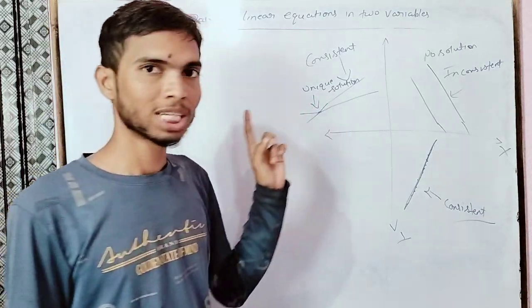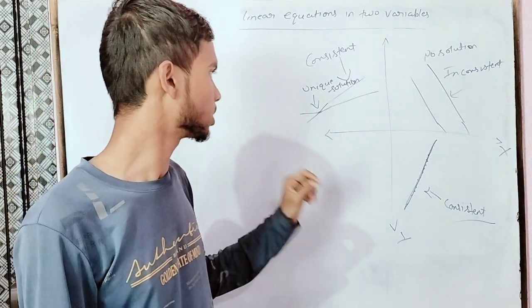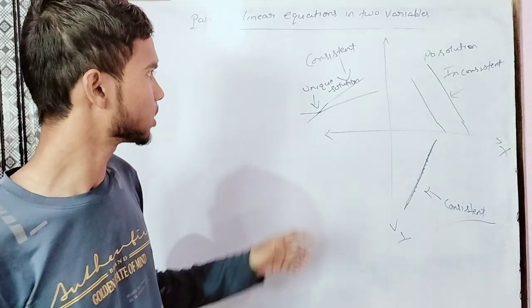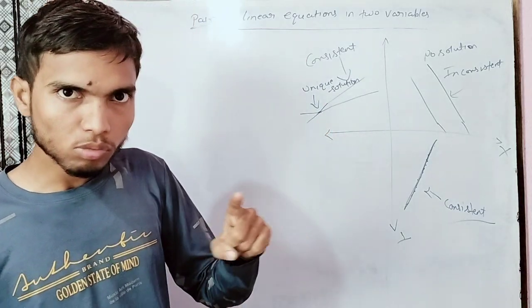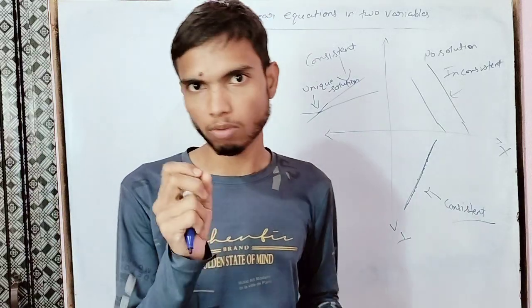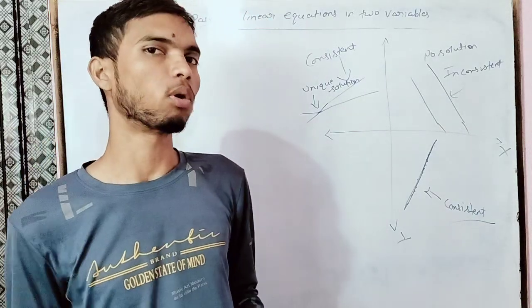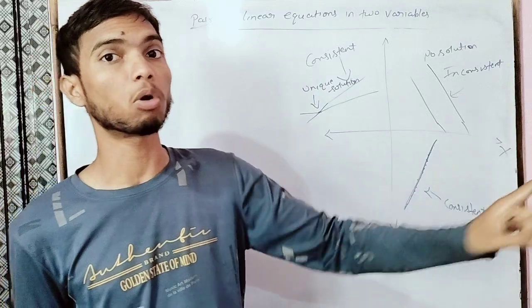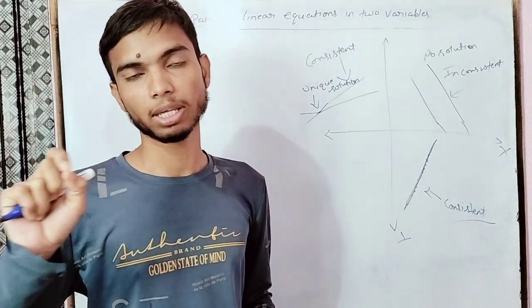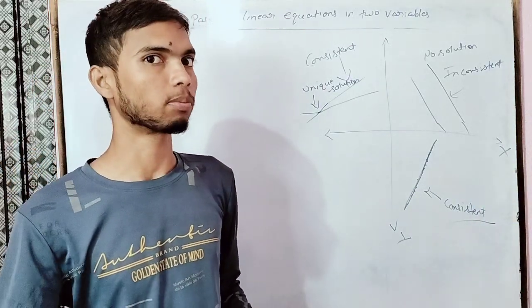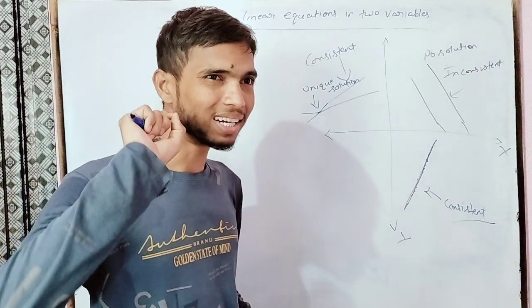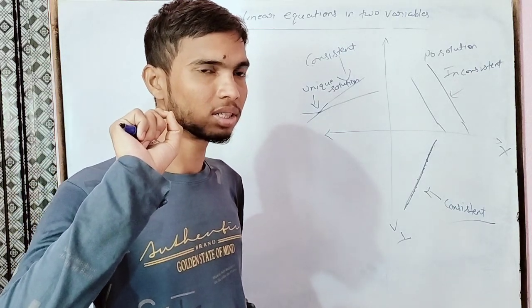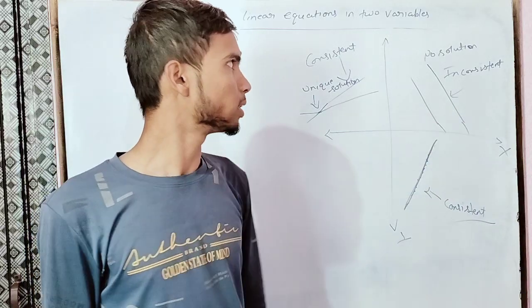But okay, this was consistent, this was also consistent, but here two lines are intersecting, so of course there will be only one point after intersecting, and that point is making a unique solution. Here, parallel lines.